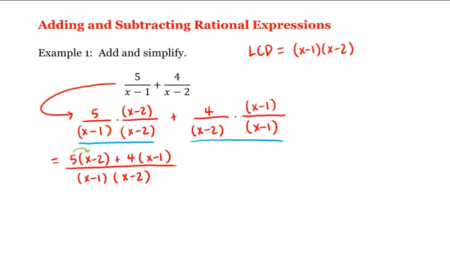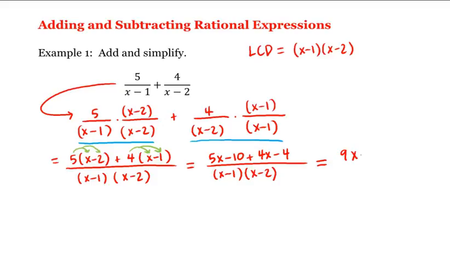And now we can distribute both the 5 and the 4, which gives us 5 times x minus 10 plus 4 times x minus 4, all divided by x minus 1 times x minus 2. And finally, combining like terms in the numerator, we get our answer of 9x minus 14, all divided by x minus 1 times x minus 2.